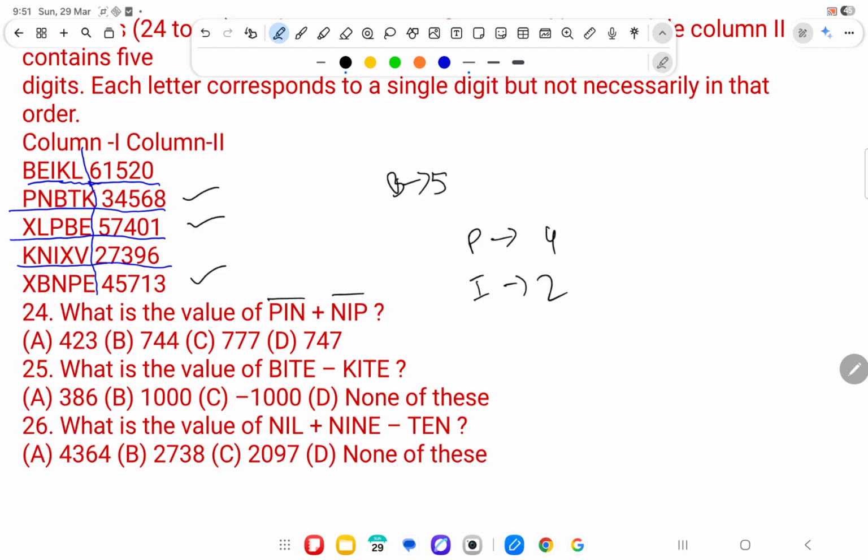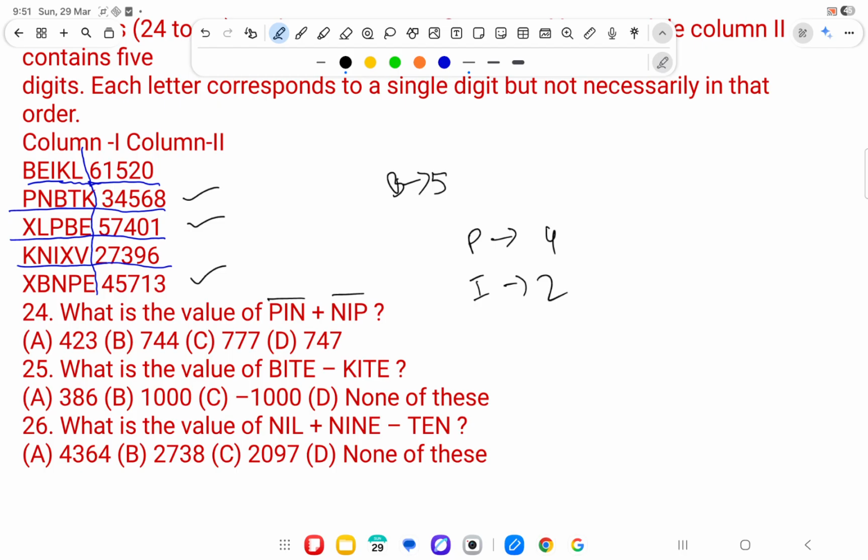Then N. N is there only in the second, fourth and fifth. Second, fourth and fifth, what are common? 3, not 3, 4. Yeah, 4 is common. Along with 4, there is no other number which is common.